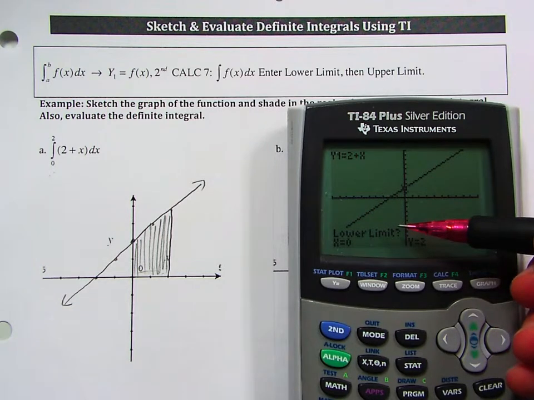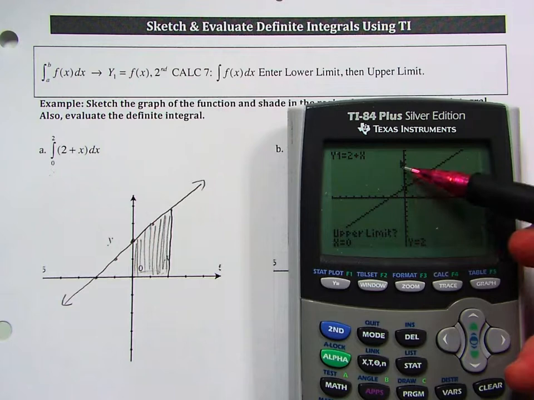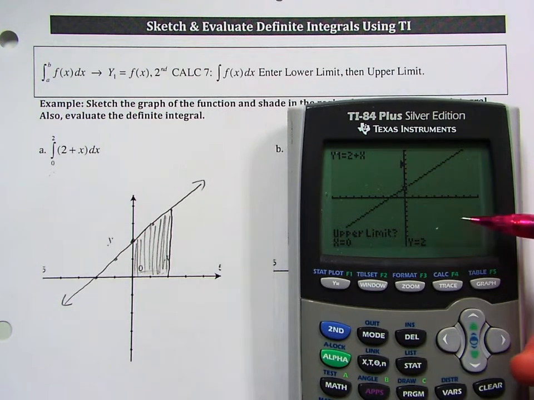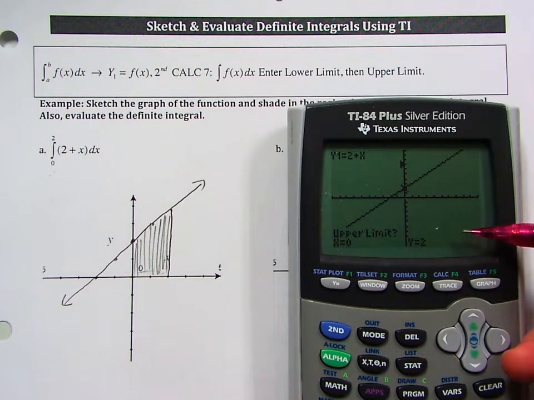The lower limit in this example is 0, so we type 0 and hit enter, and you can see it's marked right here. Then it's asking for the upper limit, which is 2.